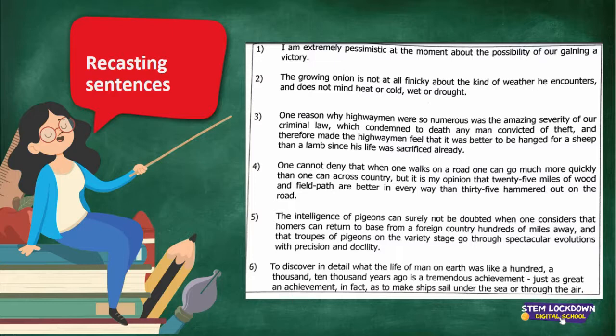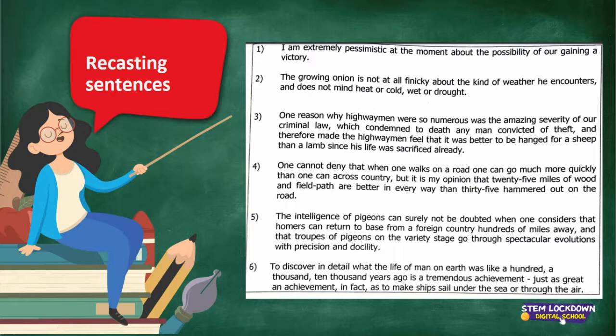So here we are being told that these highwaymen, they were a lot, despite the severity of the criminal law, which condemned to death any man convicted of theft. So if they rob, they will be convicted of theft.